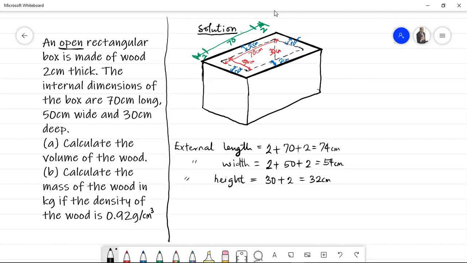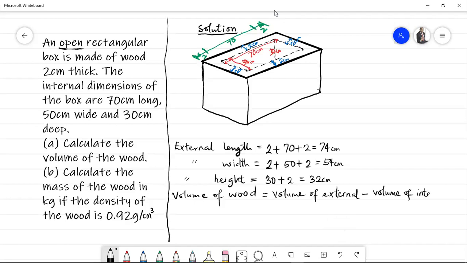Okay, so finally, to find the volume of the wood which was used to make the box, so volume of wood must be equal to, just like you know from your previous lessons, the volume of external minus the volume of internal.